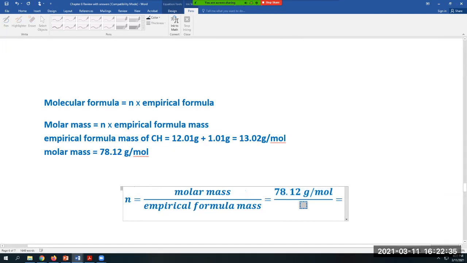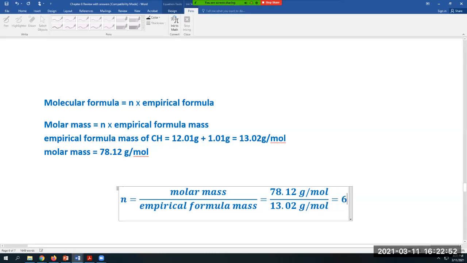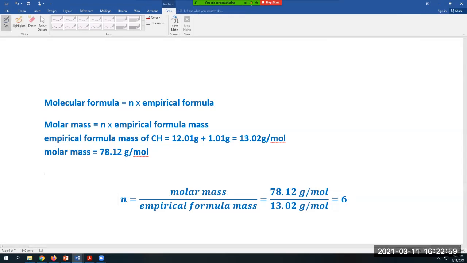And on the bottom, it's 13.02 grams per mole. Of course, the grams per mole cancel. And so in the calculator, it's 78.12 divided by 13.02. And that's exactly 6. The calculator answer is 6. Let me show how these two units here cancel. So n equals 6.